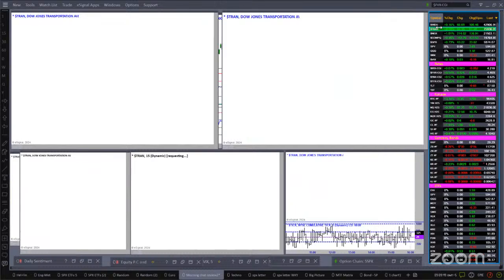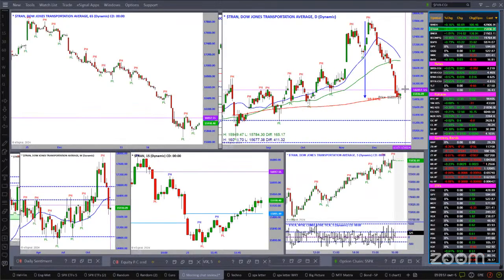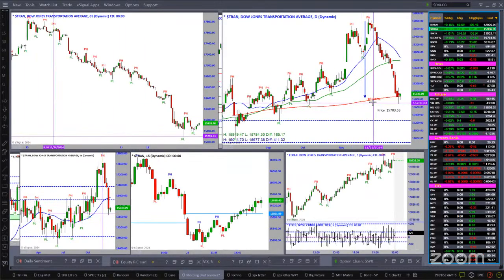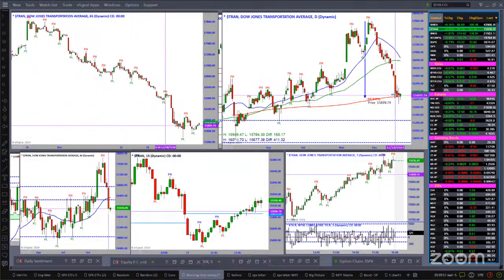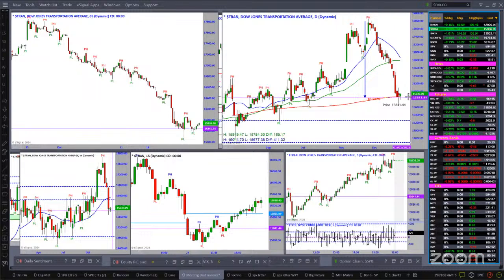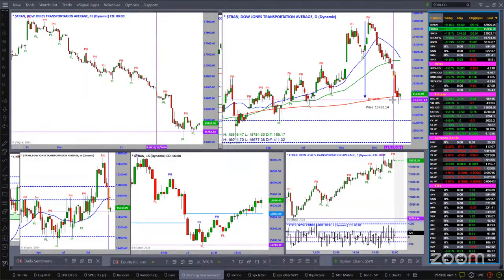Transports been crushed. I showed you yesterday, down 10, 11% in a short amount of time, wide range bar ending, which doesn't mean it's going to go up much. It just means the momentum to the downside is going to stall when you see a wide range bar.